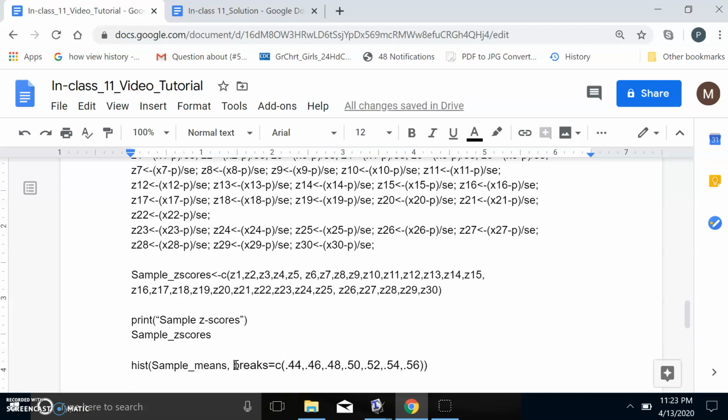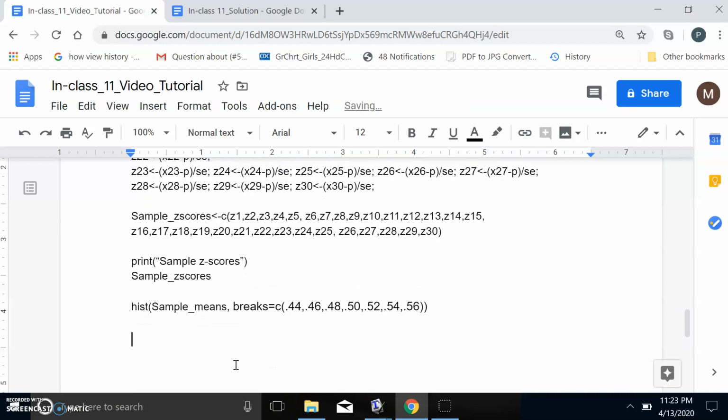Then we have to do a histogram for the sample z-scores. So histogram, that'll be sample z-scores. Okay, and the breaks for this one. Oh, actually, we want to do a density histogram. So you're going to say frequency false.